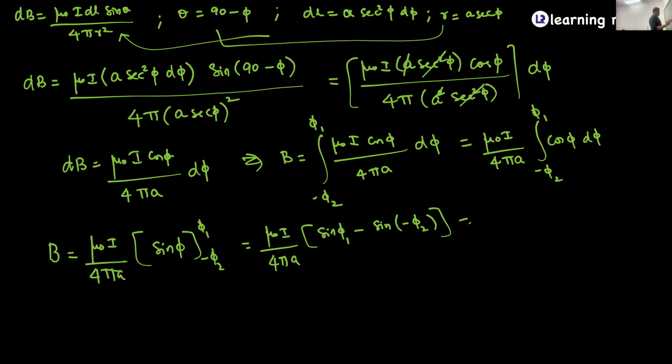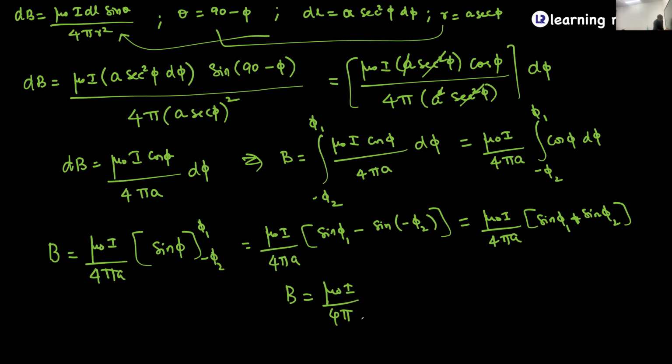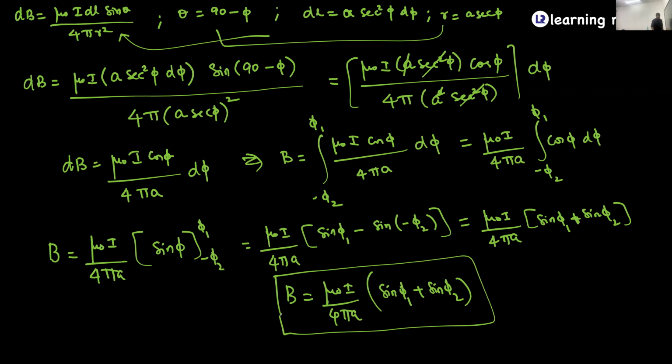The answer will be mu naught I divided by 4 pi a into sine phi 1 plus sine phi 2. This is going to be the value of magnetic field due to a straight current carrying conductor of finite length. So sine phi 1 plus sine phi 2, and this expression is expected to be remembered. You need to remember this.